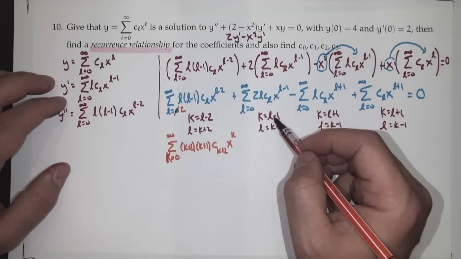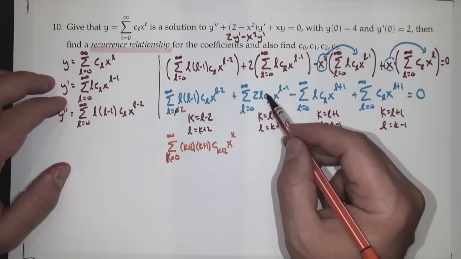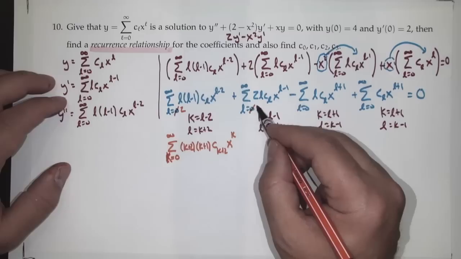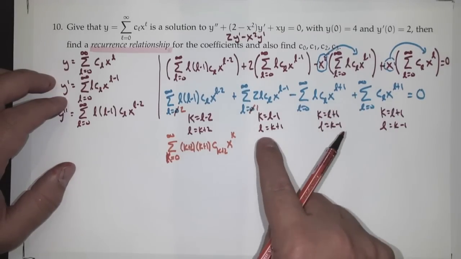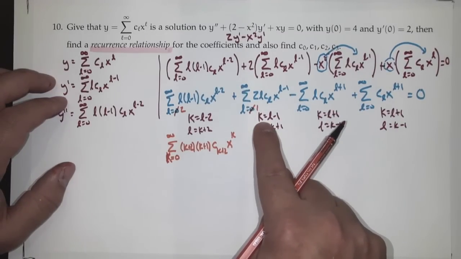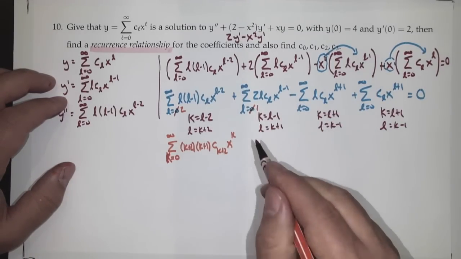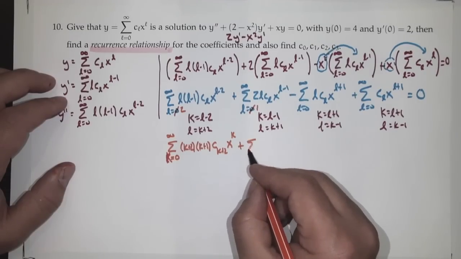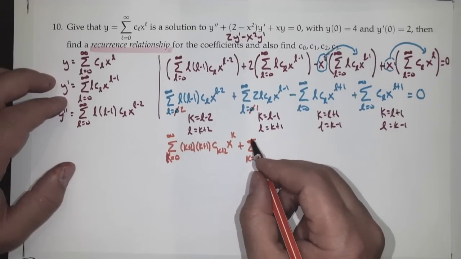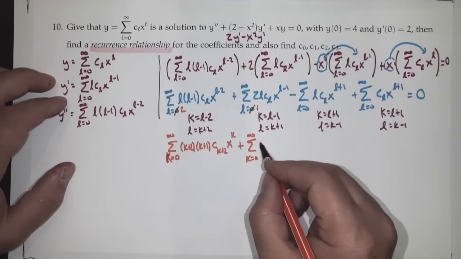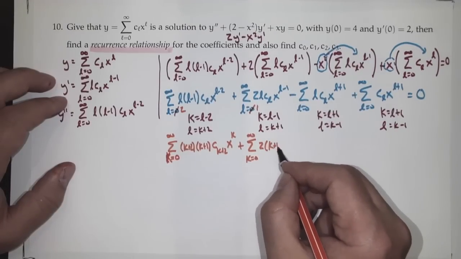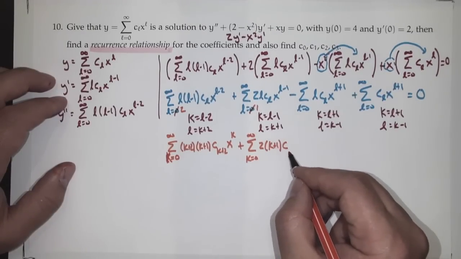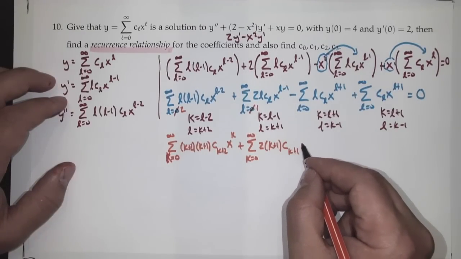Notice here, if I plug in 0, I get 0. So I'll just do a shift to 1, because I'd rather have my sum start at 0 than start at negative 1. So this becomes the sum, k equals 0 to infinity of 2 (k plus 1) c sub k plus 1 x to the k.